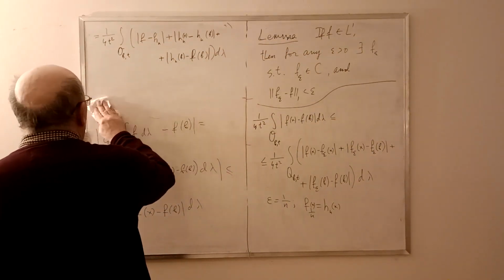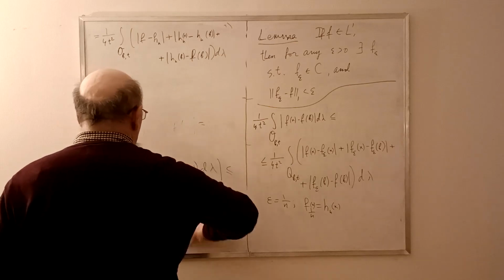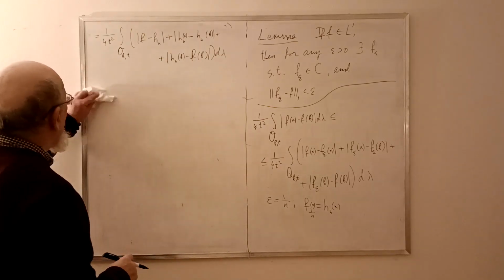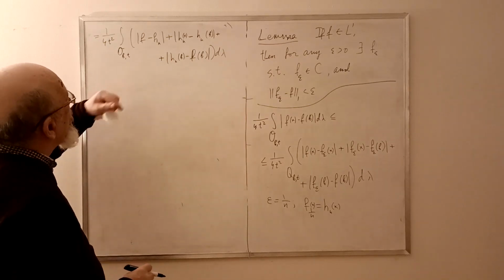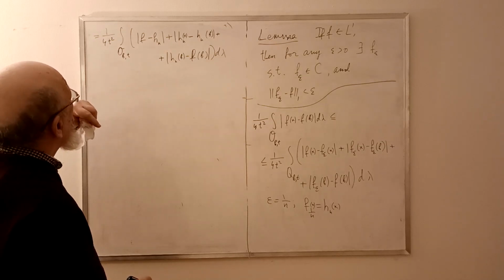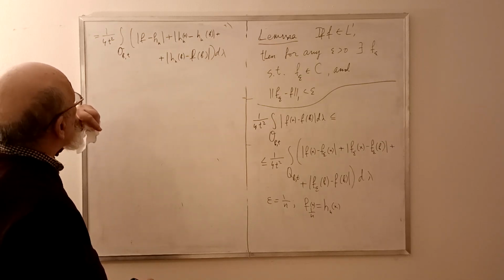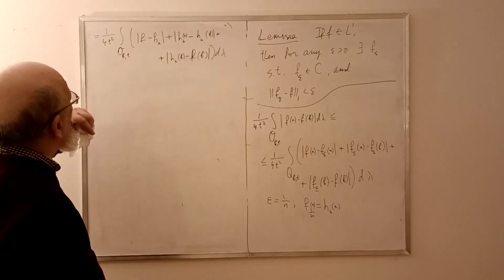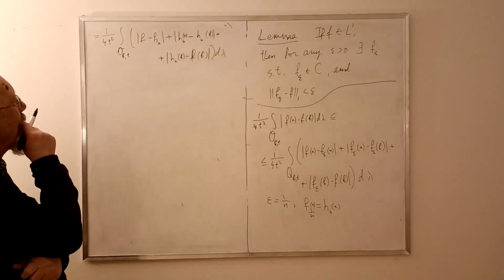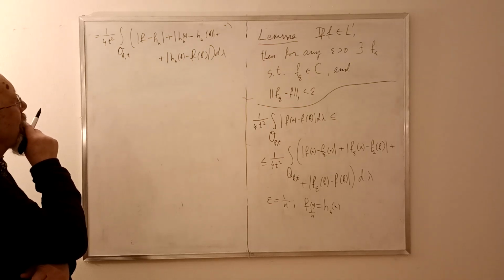And now we have the following thing. How to estimate this, the measure of the set where this integral is small?